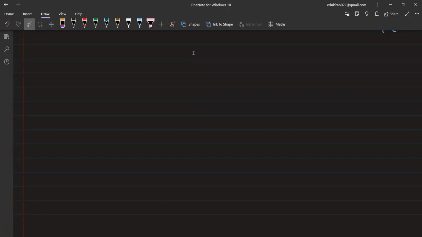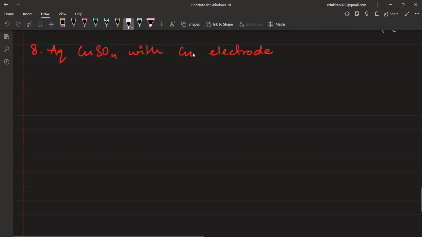Aqueous CuSO4 with copper electrode. Okay, with copper electrode. Now in this case, copper is active electrode. क्योंकि copper क्या है?